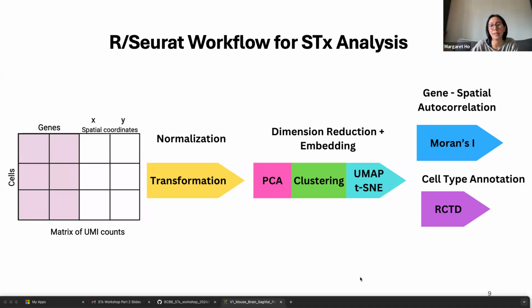Then we'll be performing dimension reduction with principal components analysis, PCA, cluster the data, and then visualize those clusters on a UMAP. Then we'll be doing some downstream analyses of the data, two different kinds. So we'll be doing analysis of spatially variable genes and identifying those using Moran's I. And then we're also going to combine in a reference single-cell RNA-seq dataset to do cell type annotation with a program called RCTD.